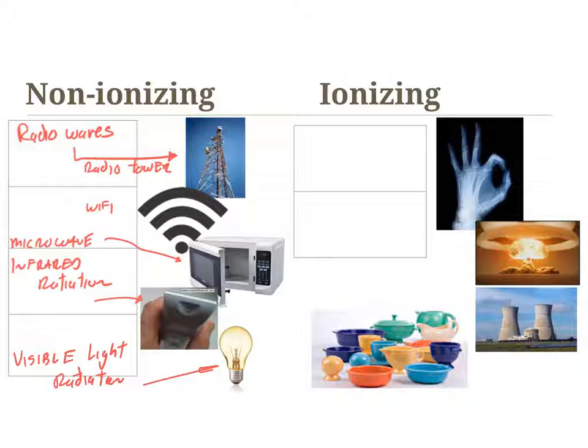Like there. Visible light radiation is essentially light waves that are detected by our eyes. We're able to then convert them to colors and objects and things like that.